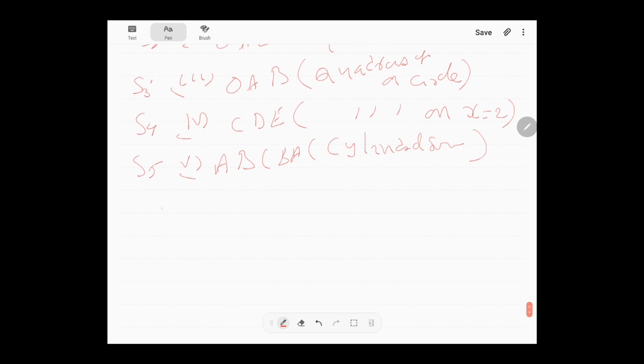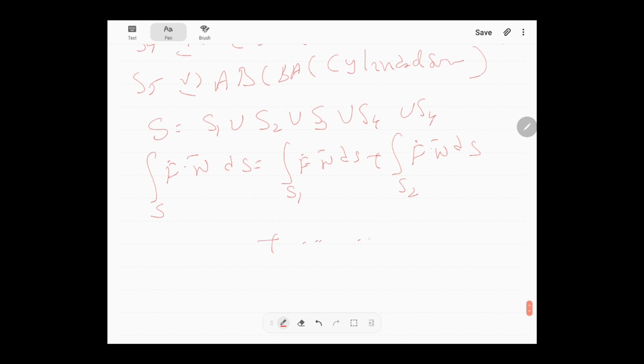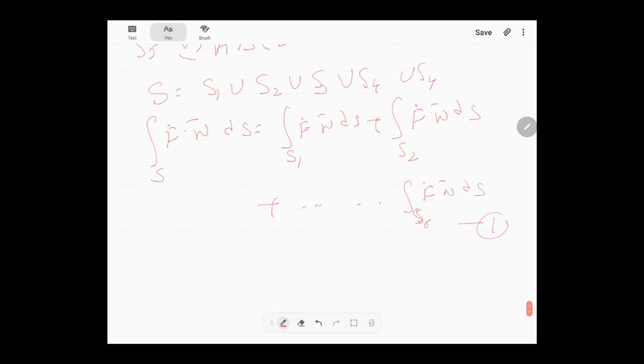There are 5 surfaces. Therefore, S is S1 union S2 union S3 union S4 union S5. So the integral over S of f bar dot n bar dS is the integral over S1 of f bar dot n bar dS plus the integral over S2 of f bar dot n bar dS, plus similarly the integral over S5 of f bar dot n bar dS. Let us find out one by one.